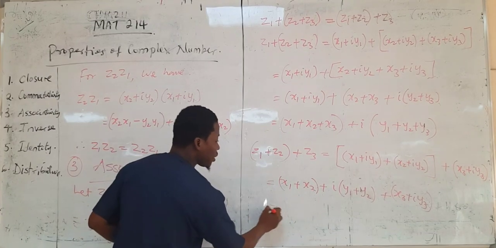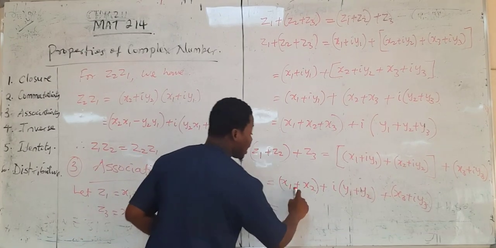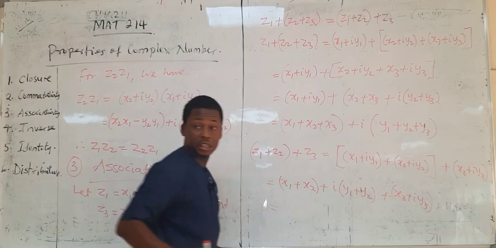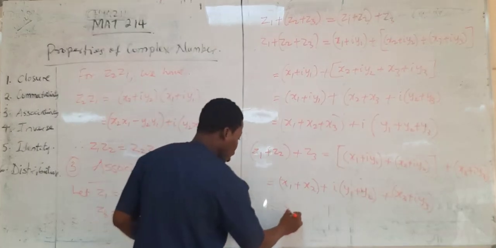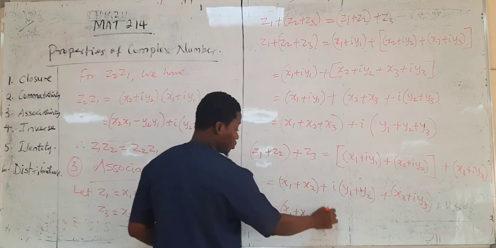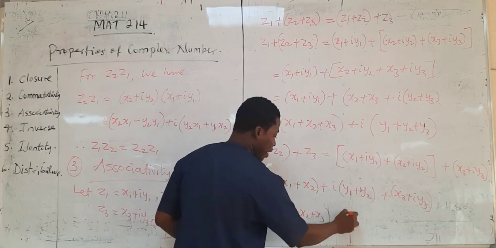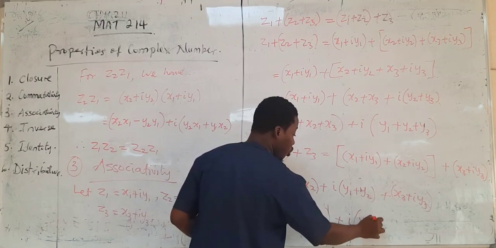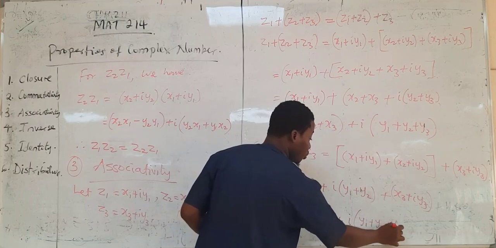So here we can now add the real part and the imaginary part. So we have x1 plus x2 plus x3 plus y1 plus y2 plus y3.